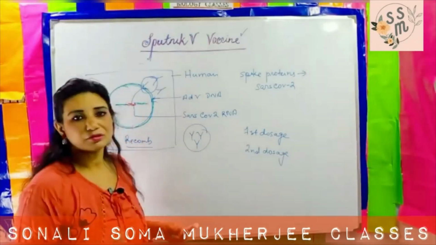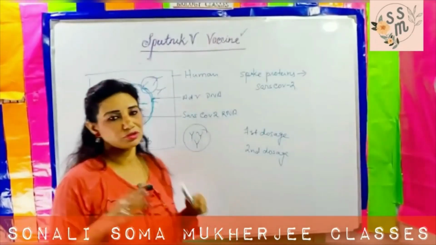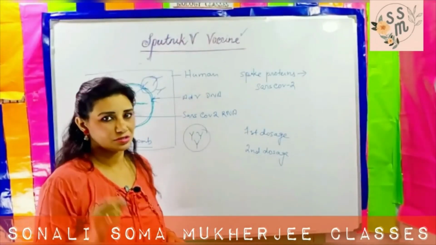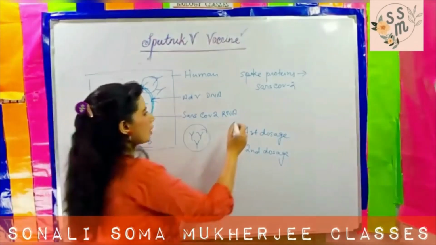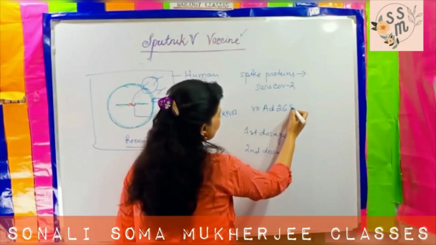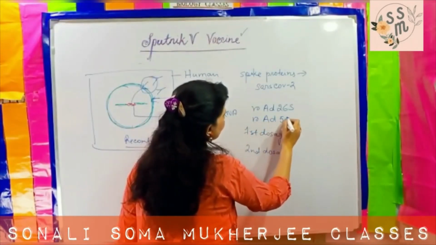So what the Sputnik V researchers thought is, they introduced 2 different variants of this virus. One is RAD26S, another is RAD5S.